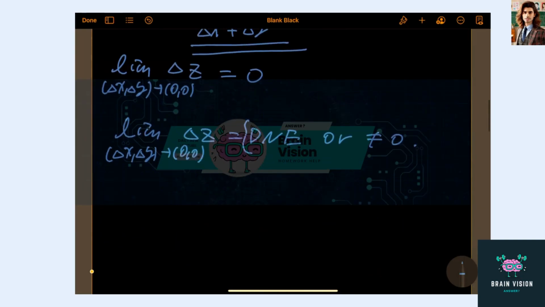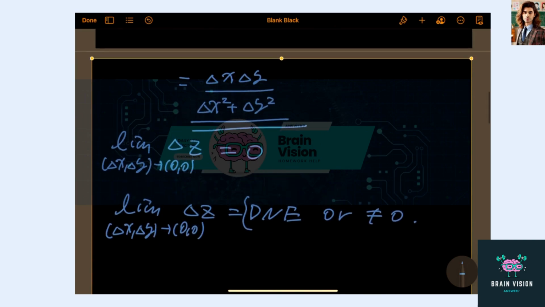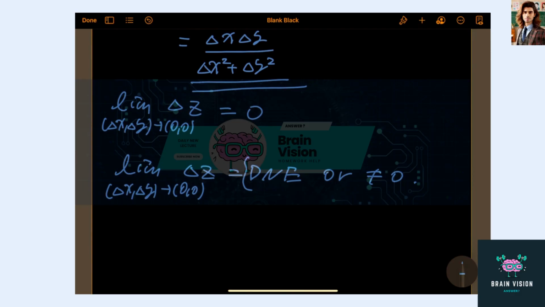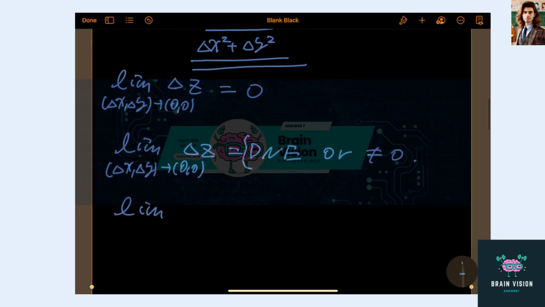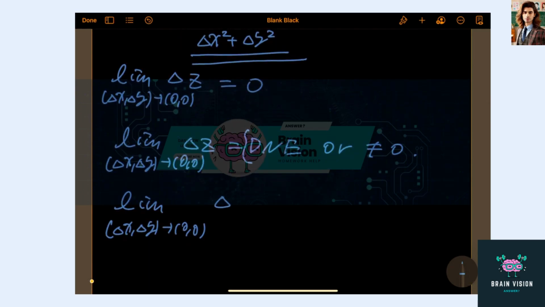Okay, so now we need to show that this limit does not exist, or is not equal to 0. Delta x, delta y over delta x squared plus delta y squared.